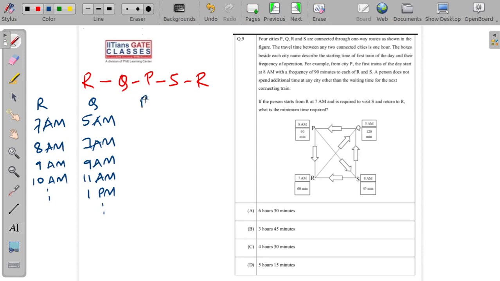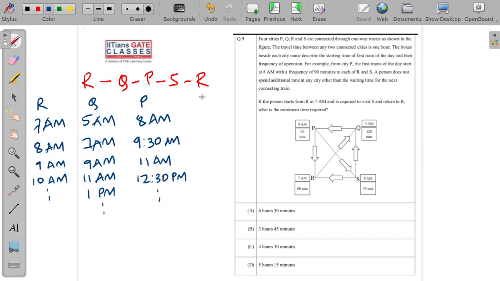Then for P, I'll write starting from 8 a.m., then 90 minutes, so 9:30 a.m., then 9:30 plus another 90 minutes will give me 11, then 12:30 p.m. and so on.